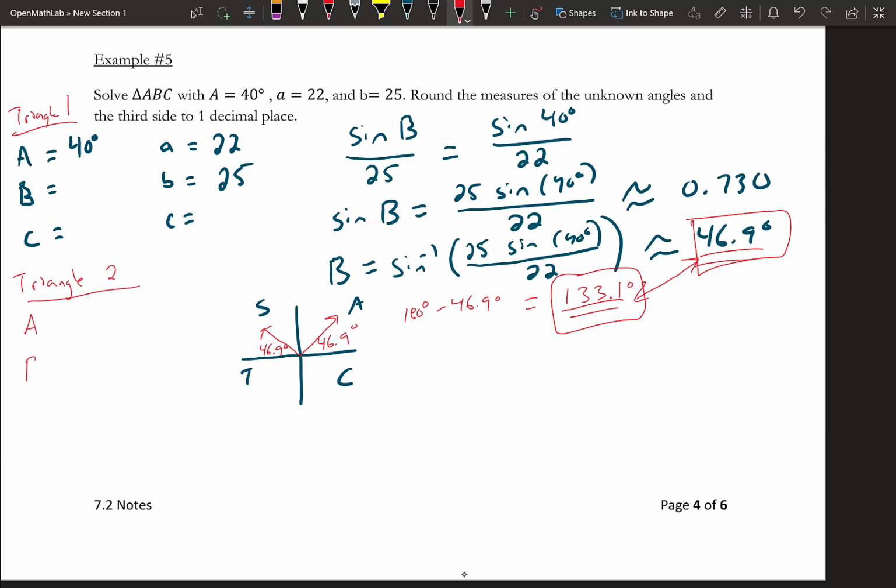So let me just fill in what we know so far. So this would be 22, 25, 40 degrees, because those were all givens. And then one possibility is that this is 46.9 degrees, and this could be 133.1 degrees.